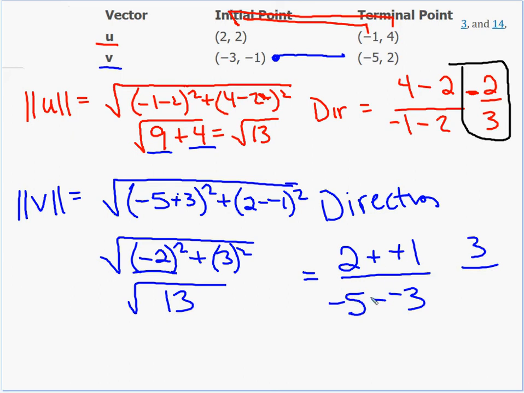And then down here, add the opposite, that'll be a negative 2. So they're reciprocals, they're not the same. The magnitudes were equal, but the directions were different, so these are not equivalent vectors. If you want to check out one where they are equivalent, number 13, they turn out to be the same.